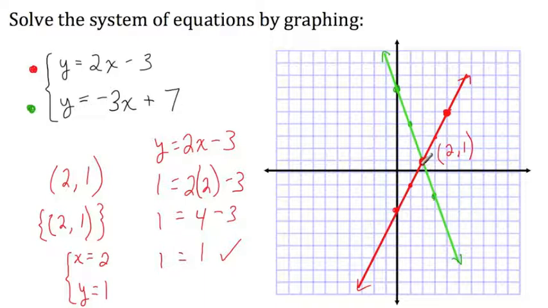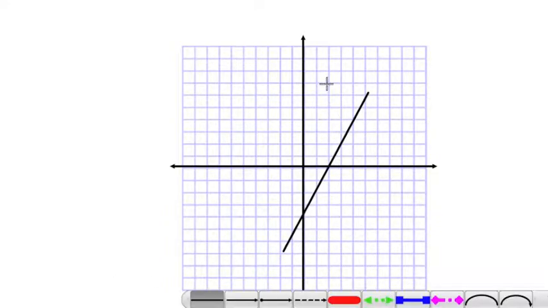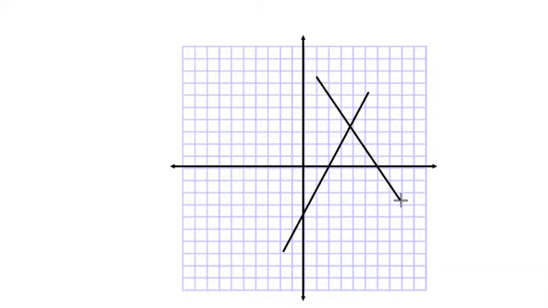Other systems might not have solutions that are integer values, and at that point you'll have to kind of guess where the solution is. So for instance, I'm not actually going to work out an entire problem, but let's say you had lines that looked like this, intersecting at this point.